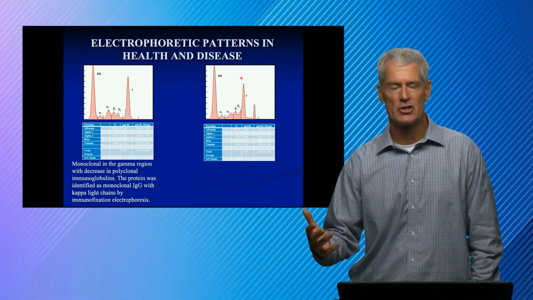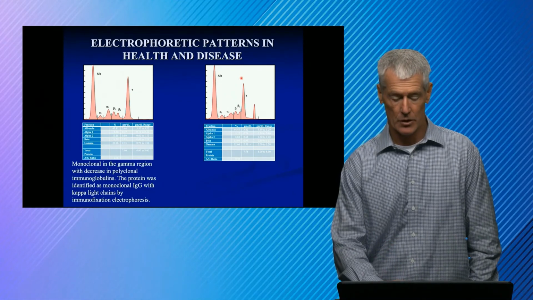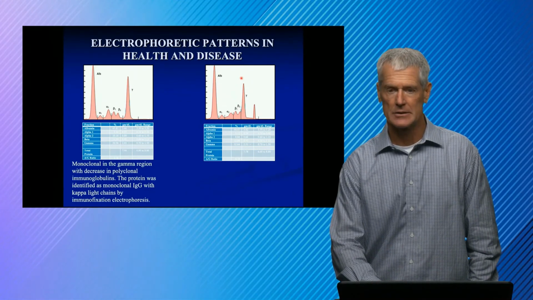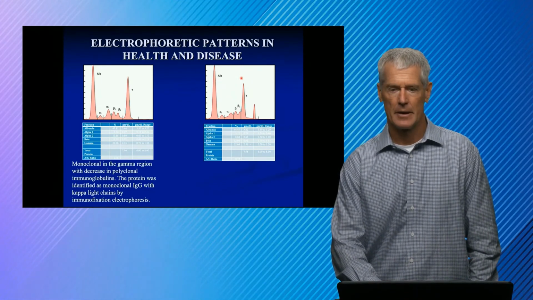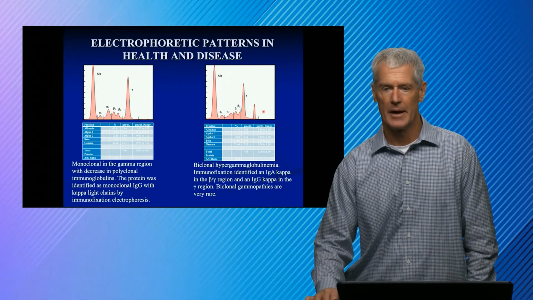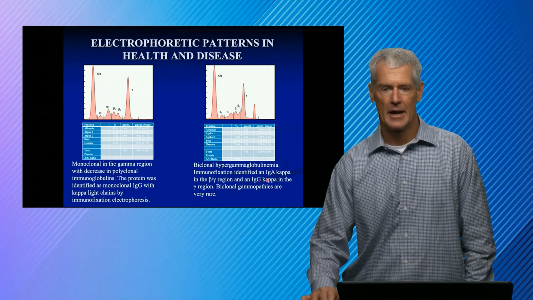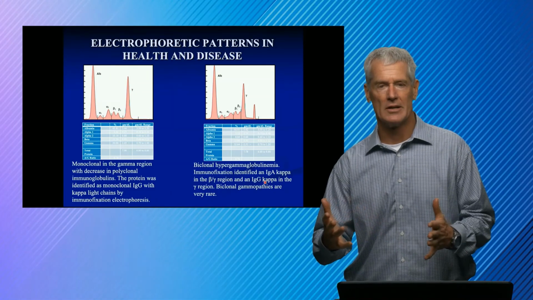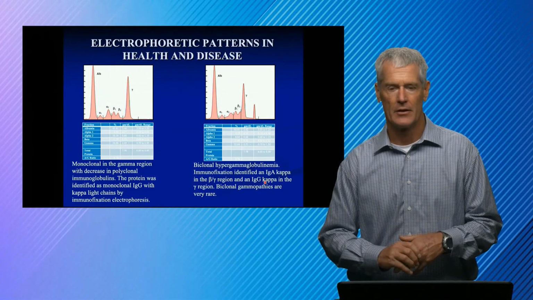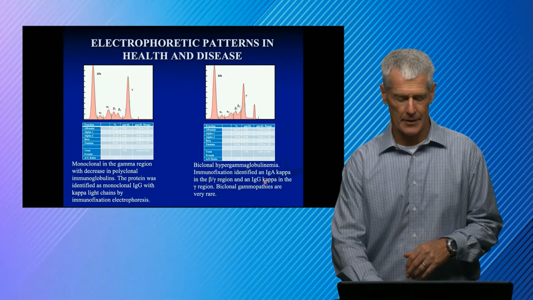Sometimes IgA shows up as a dimer, and so you could also have dimerized monoclonal proteins. But you would follow that up, and when they did follow that up, there was both an IgA kappa and an IgG kappa, so those were clearly different monoclonal proteins, and this is a biclonal gammopathy.